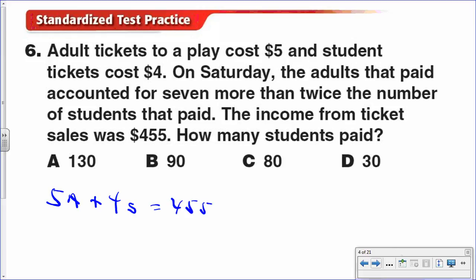And then on Saturday, adults paid accounted for. So A would equal twice S plus what? 7. 7 more than twice the number of students that paid.